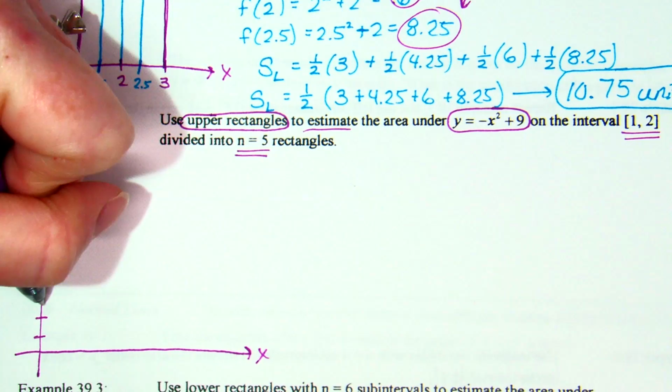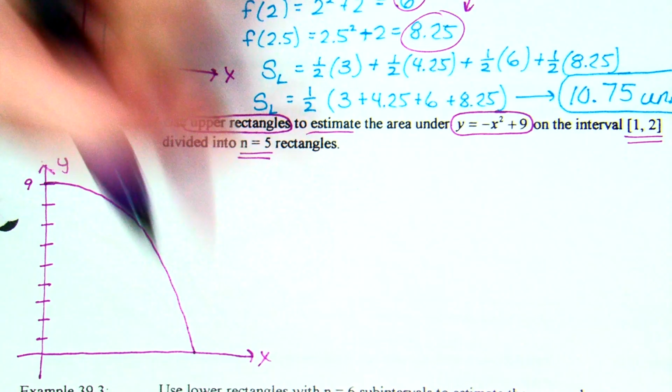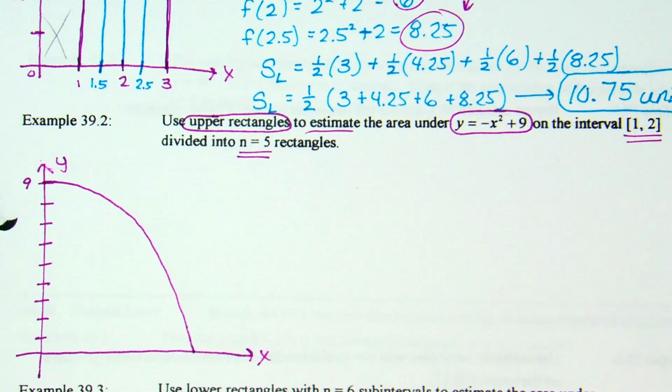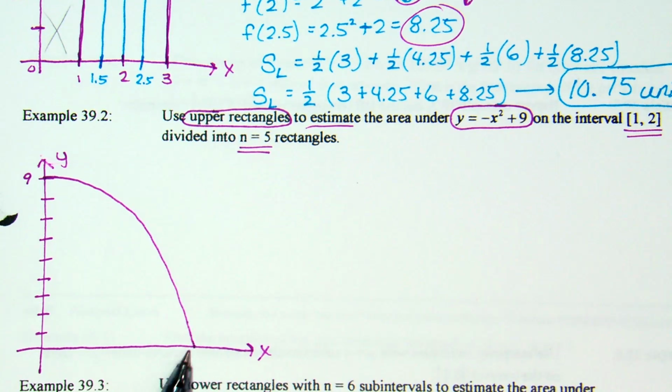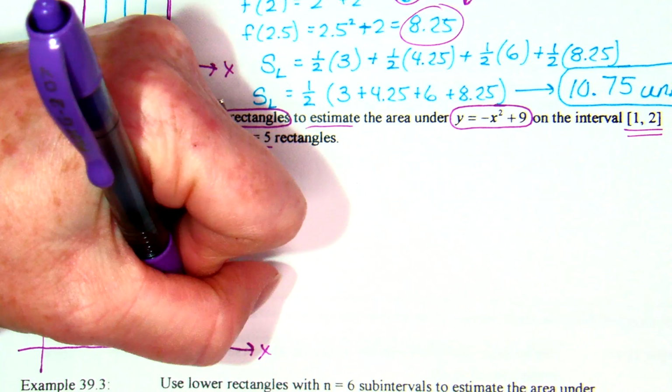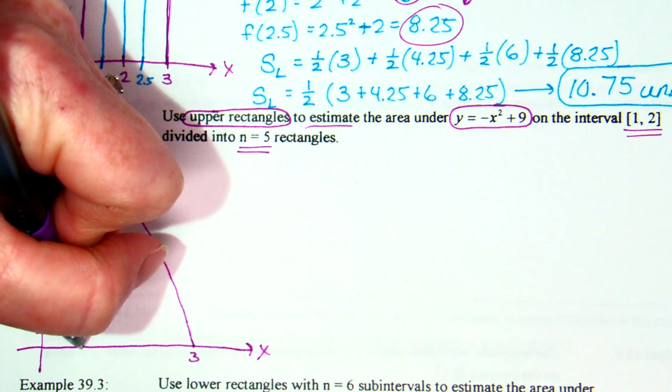So it goes from 9, it's upside down. I'm going to draw it over to where it intersects the x-axis. Oof. I probably should have drawn that a little bit larger. That's all right, we'll make it work. Can you guys figure this out? Where's it going to intersect the x-axis? At 3.